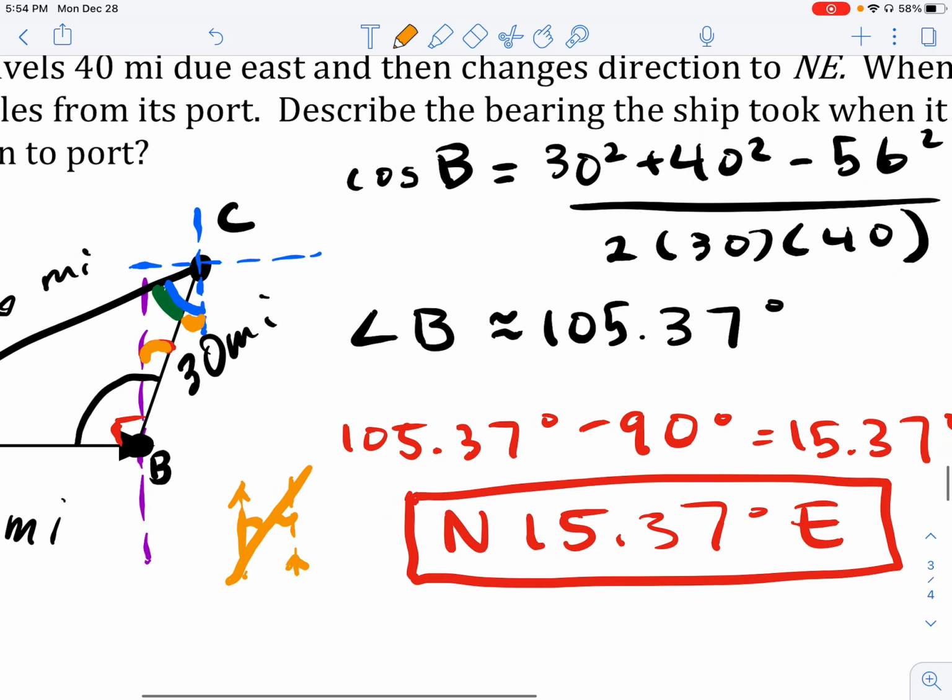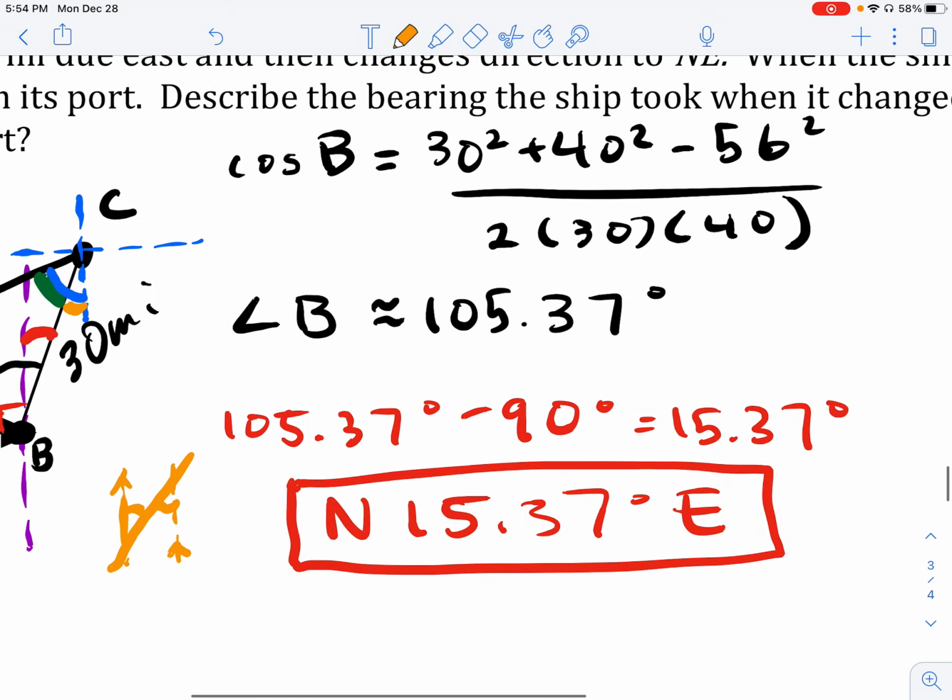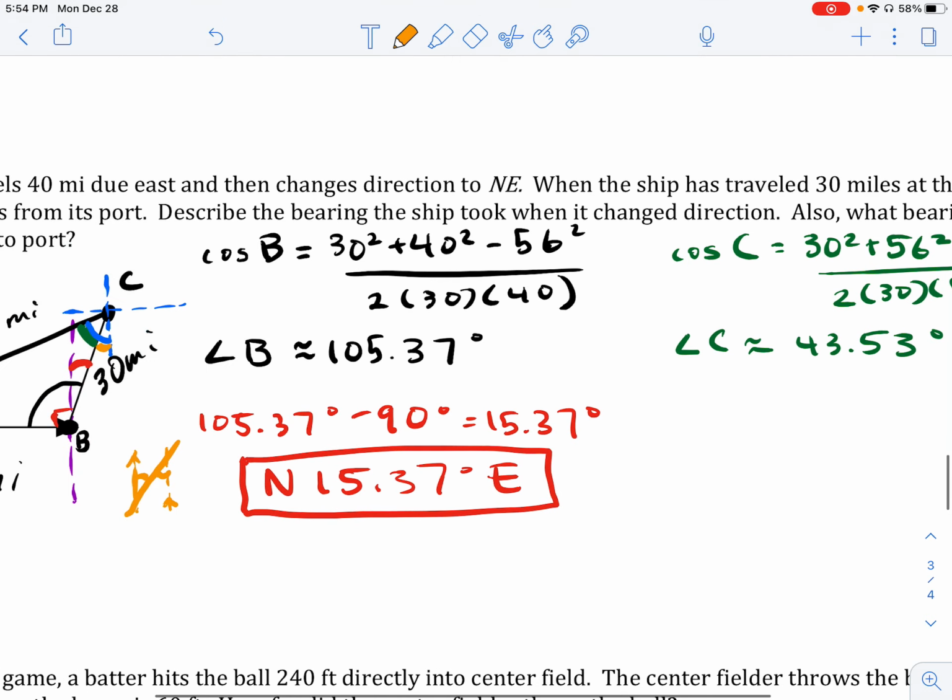So what we're going to want to do is go ahead and do 15.37 degrees plus the green angle that we found. I'm going to highlight this in red to indicate that these are congruent angles. So 15.37 degrees, which represented this angle here, plus the angle C that we found should give me this entire angle, which is our bearing.